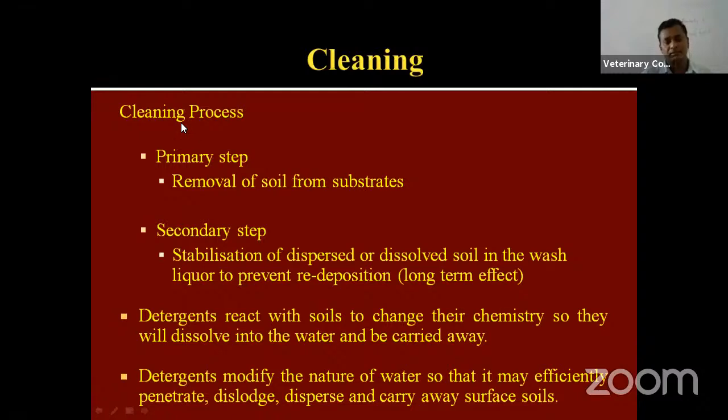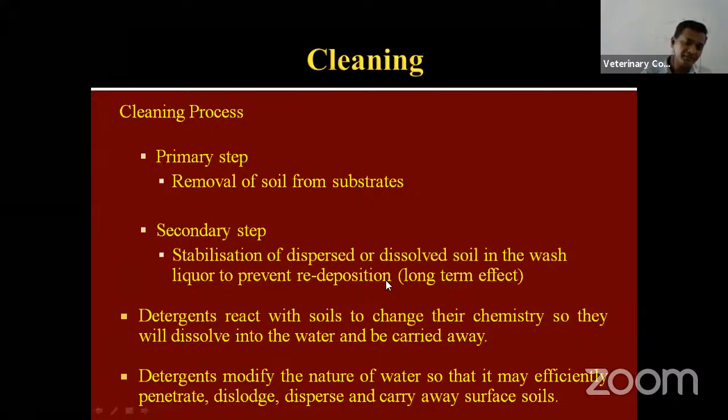And in the cleaning step, cleaning can be further categorized into two. One is the primary step and second is the secondary step. What is the primary step? Primary step is removal of soil from the substrate. Substrate here is the food contact surface. Secondary step is stabilization of dispersed or dissolved soil in wash liquor to prevent redeposition.